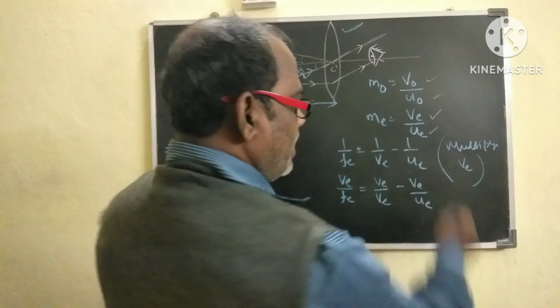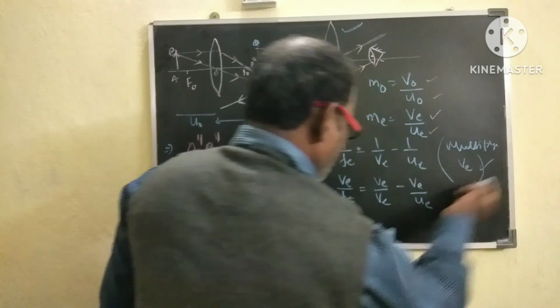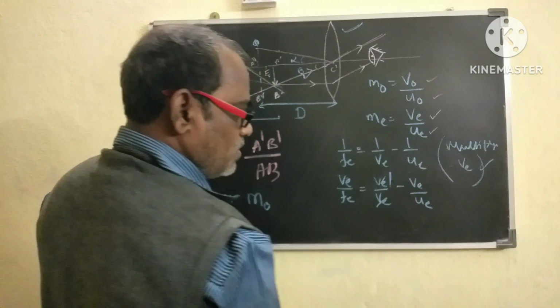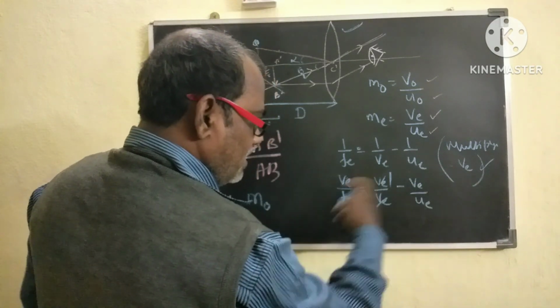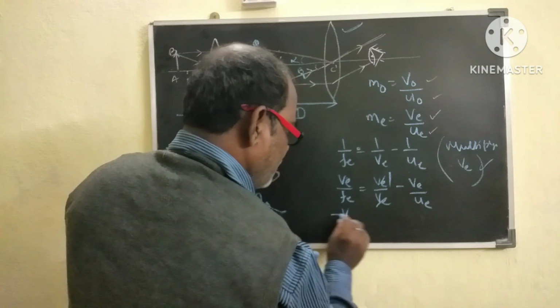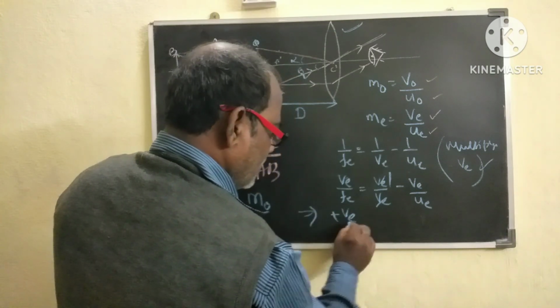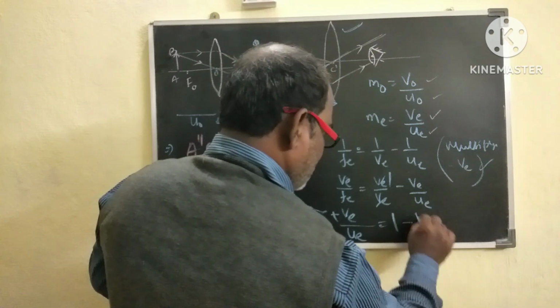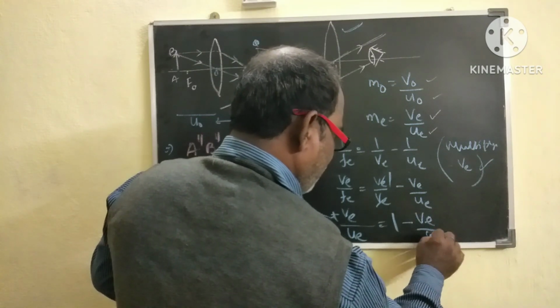Multiplying both sides with Ve, we get this. Bringing the minus Ve by Fe to this side, it becomes plus Ve by Ue is equal to 1 minus Ve by Fe.